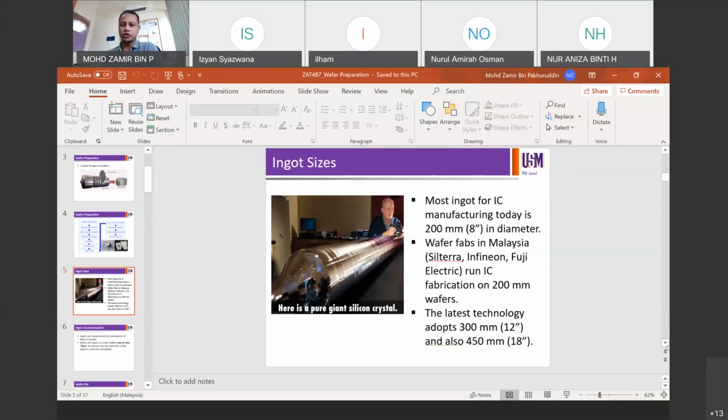So if you go for GF or Intel, Samsung, they might be working on 12 inch. Some in fact have 18 inch as well. So wafer fabs in Malaysia: Silterra, Infineon, Fuji Electric. We also have Mimos. We also have On Semiconductor in Seremban, Mimos in KL, Fuji, Infineon, Osram, Silterra, Kulim High-Tech. Okay, so the latest technology adopts 300 mm or 12 inch and also 450 mm or 18 inch.